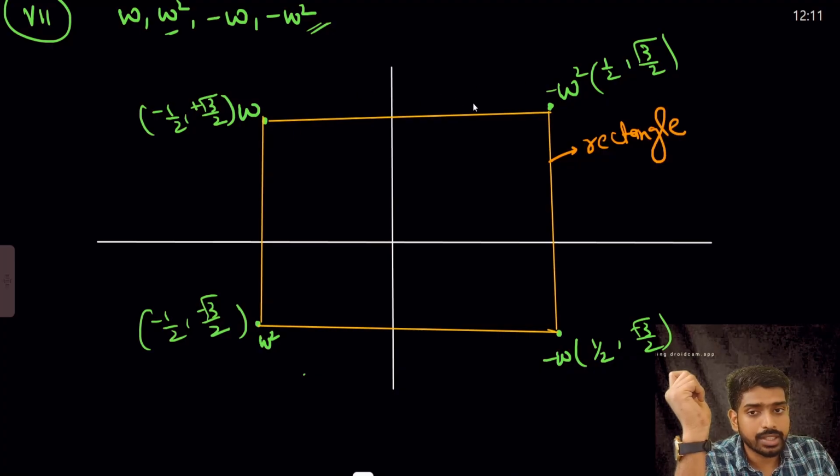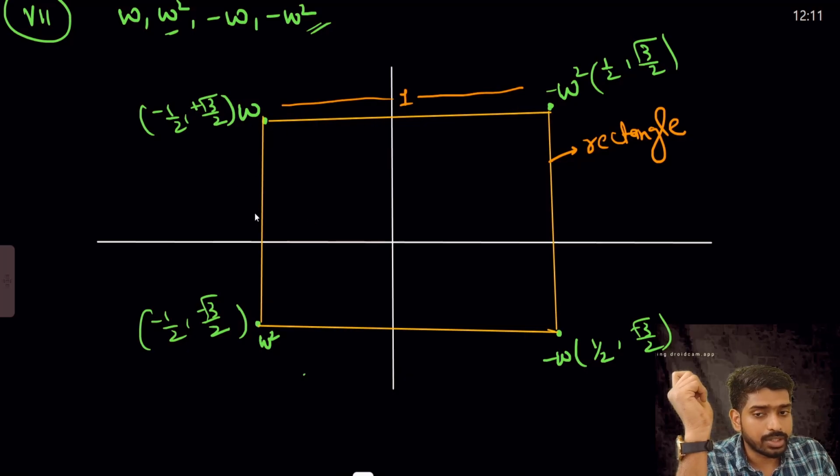What is the length of this rectangle? The y coordinate is root 3 by 2 and root 3 by 2, and the x coordinate is minus 1 by 2 and 1 by 2. So this side is 1 unit.